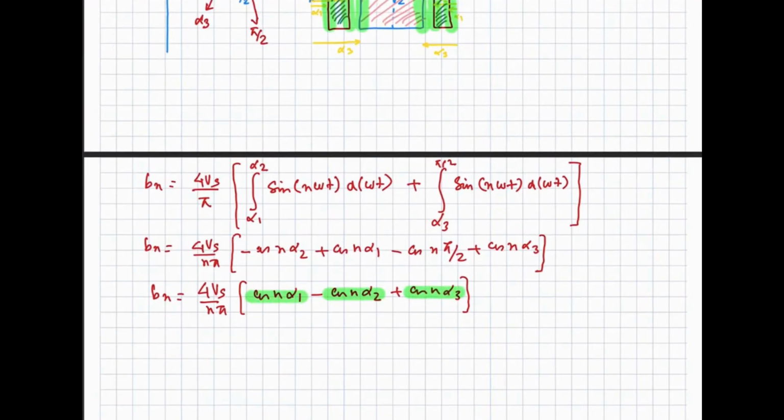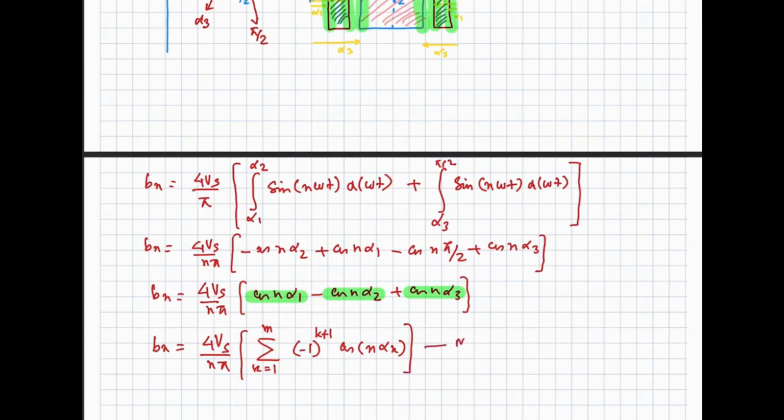And in generic form I can write down this expression as Bn equal to 4Vs by n pi, and if I say that there are m notches or edges per quarter cycle, then the summation will be from k equal to 1 to m. To adjust the sign, I can say minus 1 power k plus 1 into cos of n alpha k. So this expression can be written like that.